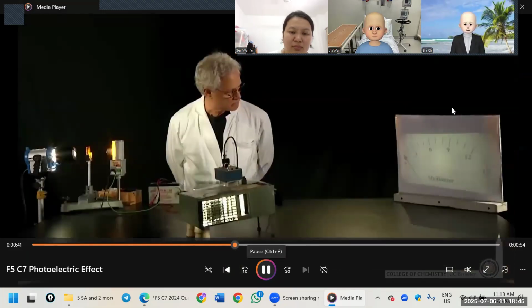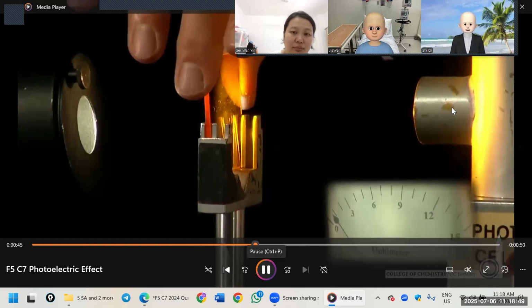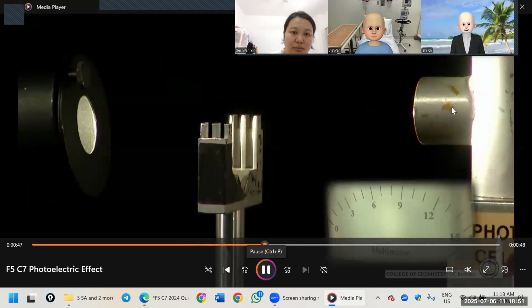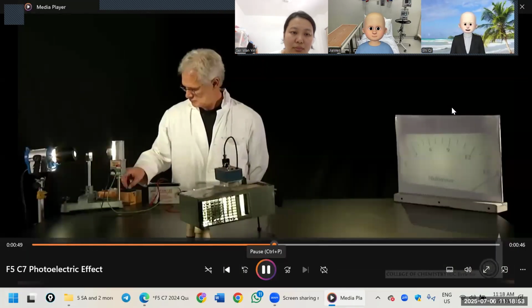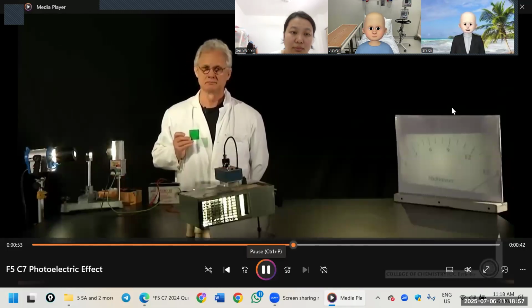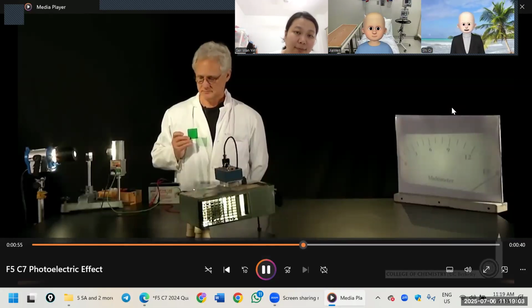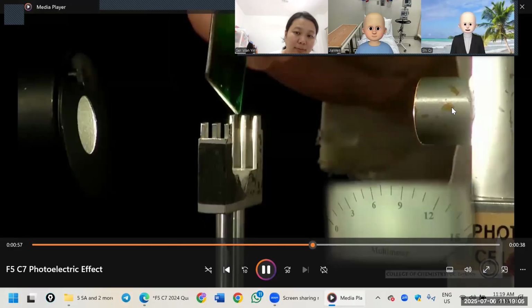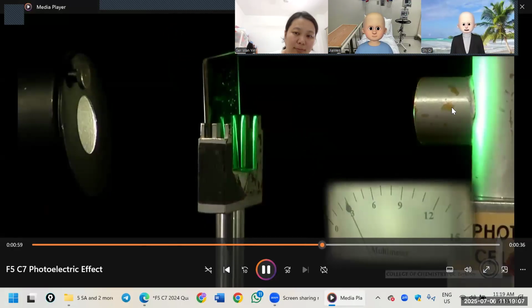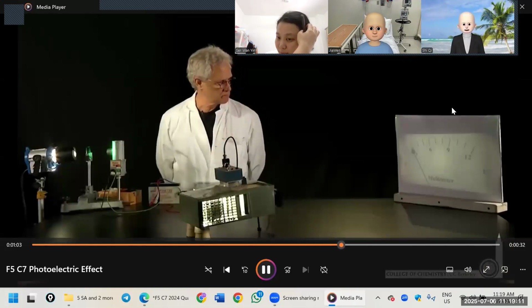Indeed, photoelectrons are emitted, but with a relatively small energy. If we go to higher still photon energy, green wavelengths, shorter wavelengths still, higher photon energies, we can see photoelectrons emitted at a higher energy.